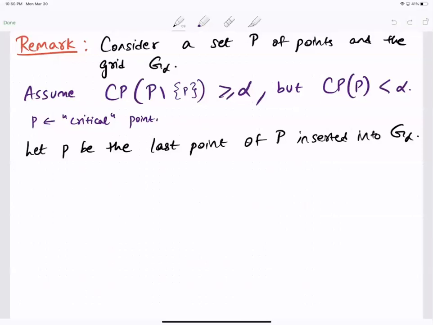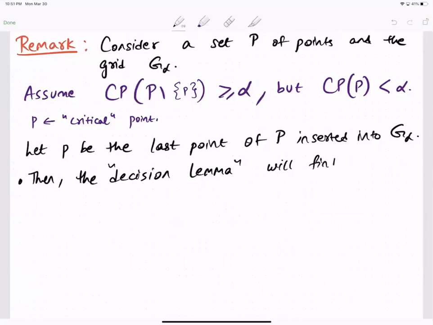Let me write that down. The above lemma, or maybe I should say the decision lemma, will find the closest point in P minus p to p.